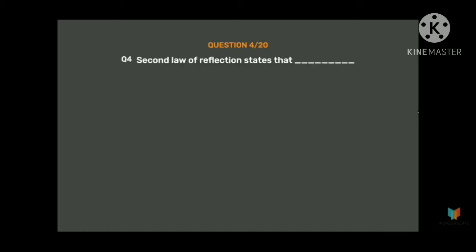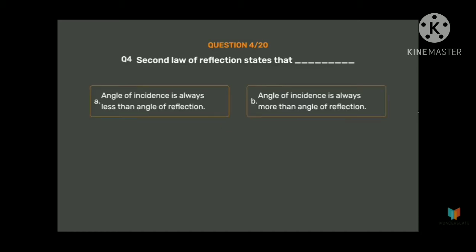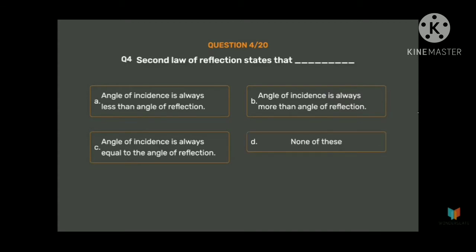Question number 4. Second law of reflection states that underscore. Option A, angle of incidence is always less than angle of reflection. Option B, angle of incidence is always more than angle of reflection. Option C, angle of incidence is always equal to the angle of reflection. Option D, none of these.